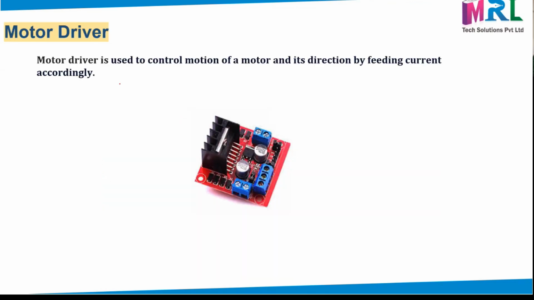And you have another component that we are going to use. It is a black board, here it is red in color. It is also there in your kit. It is called the motor driver.